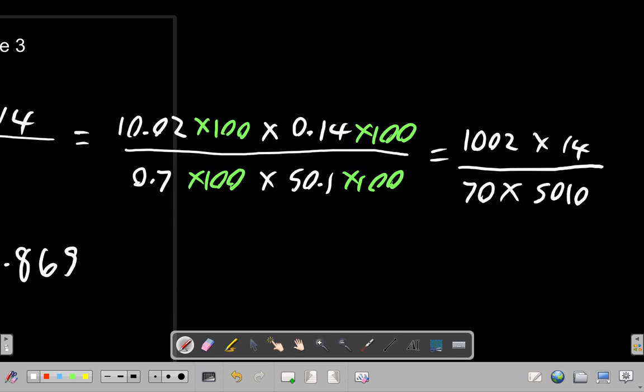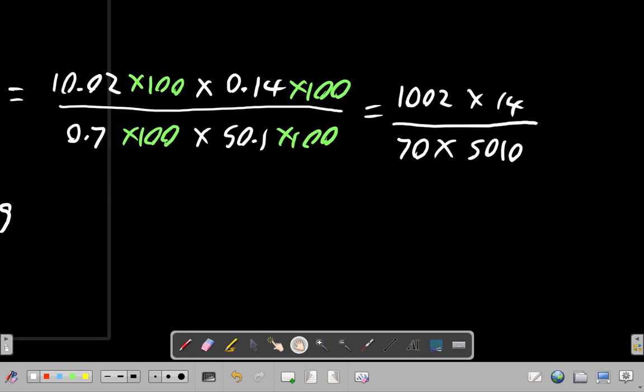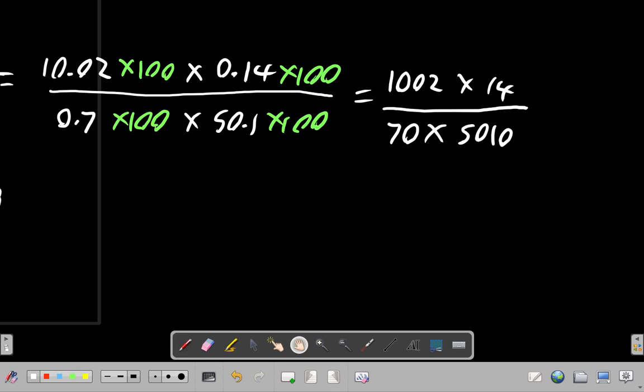Now, if we consider this, the 14 is really equal to 7 times 2. Let's split these into different parts. Let us say the 1002.